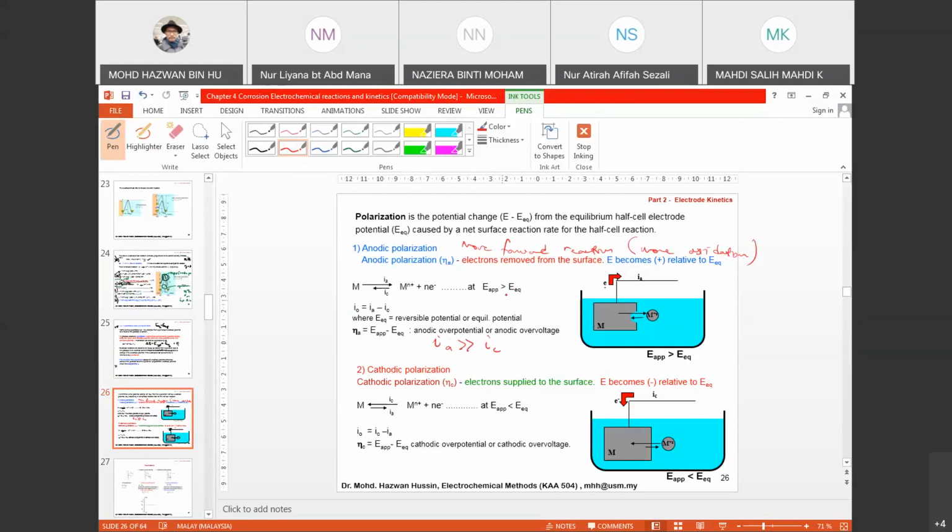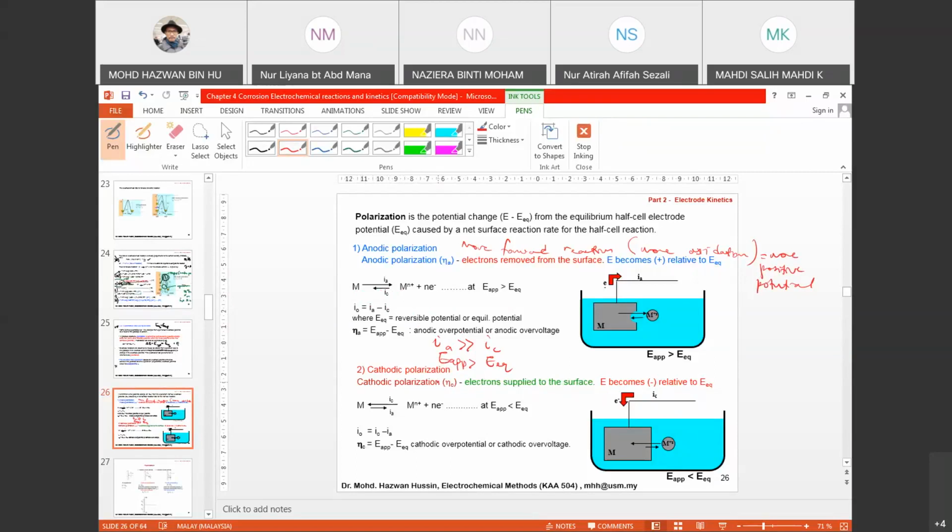And in this case also, the applied potential is going to be bigger than equilibrium potential, because the values of potential produced over here is more positive. So we have seen in the equation, you have more forward, the arrow will be bigger.